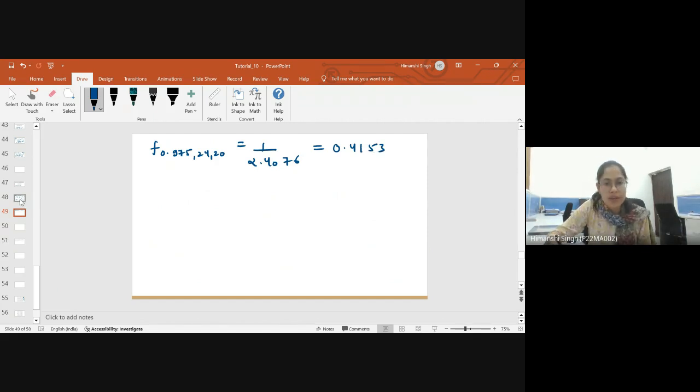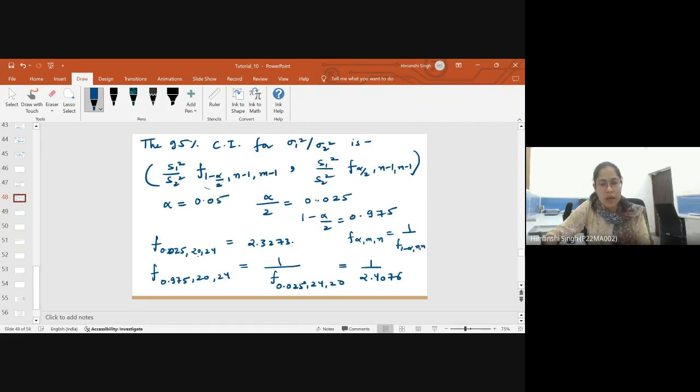So this way, if you have only one table available, you can calculate the other by this relation. If you have tables for both alphas, then there is no problem. If only one table is available, then you calculate it by using this value, by this relation.